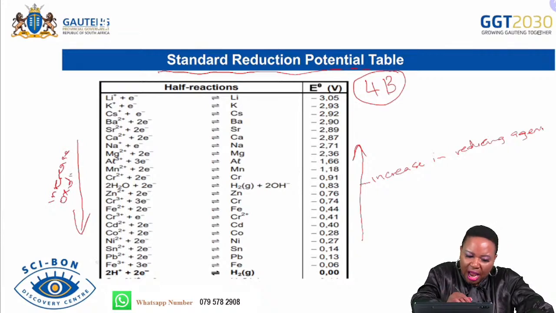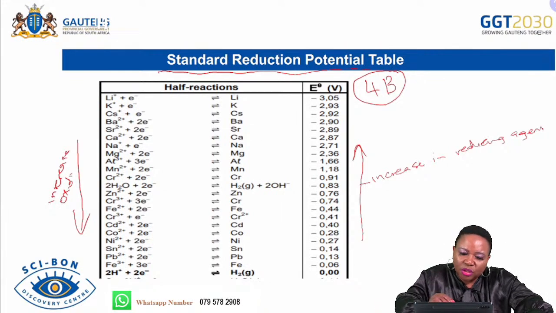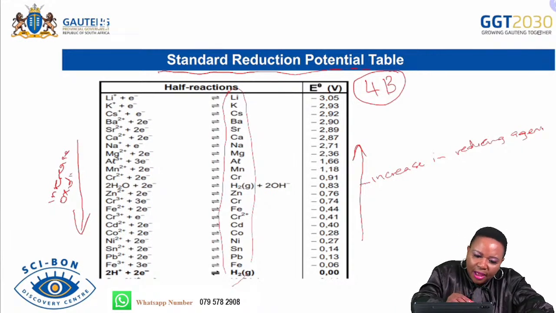So when you go down from this side, you will find that your oxidizing agents are increasing. But when you go up from this side, you'll find that your reducing agents are increasing. Where are the reducing agents? Our reducing agents are written on this side of the table, and our oxidizing agents are written on this side of the table.